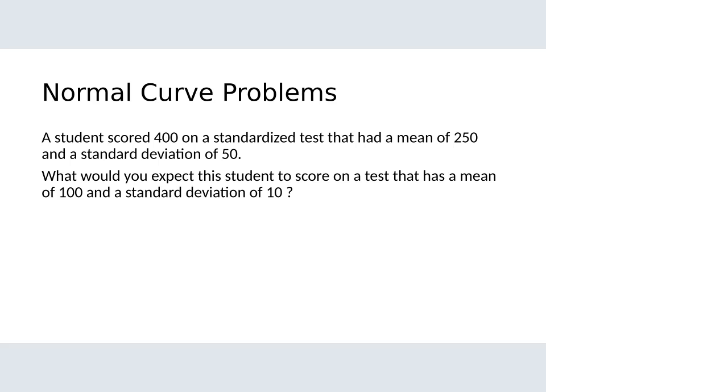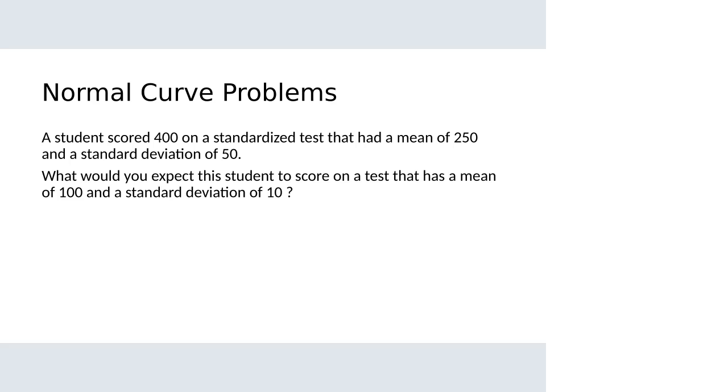A student scored 400 on a standardized test that had a mean of 250 and a standard deviation of 50. What would you expect this student to score on a test that has a mean of 100 and a standard deviation of 10? Now, at first glance, you might think, well, how am I supposed to know?